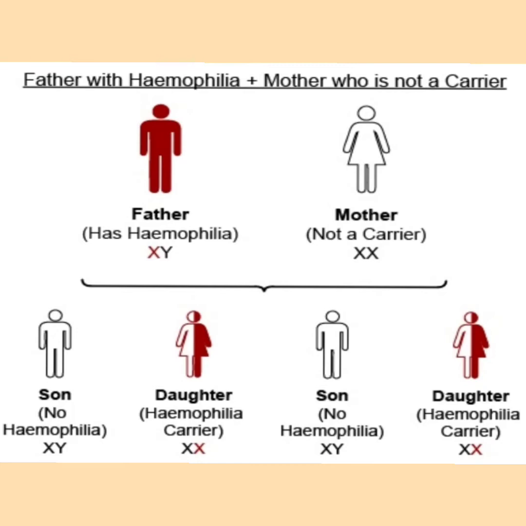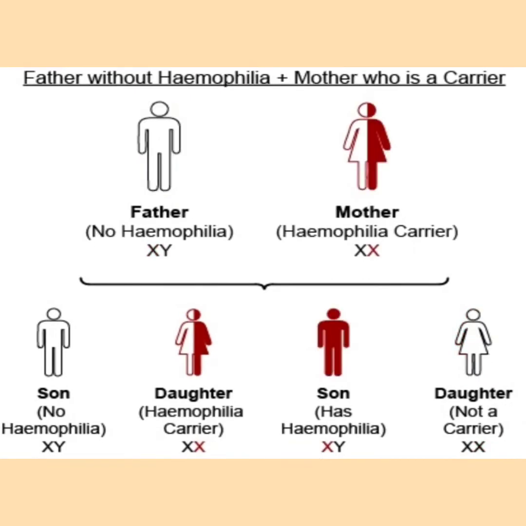They may have another son who will not have hemophilia, and another daughter who will be a carrier of hemophilia. That means 100% of the sons will not have hemophilia, whereas 100% of the daughters will be carriers of the gene of hemophilia.